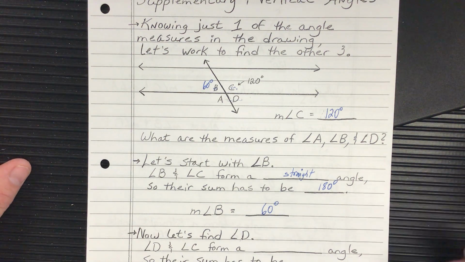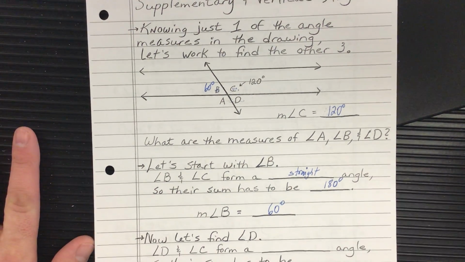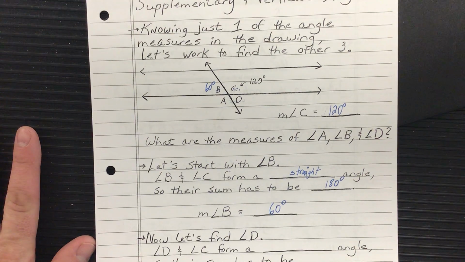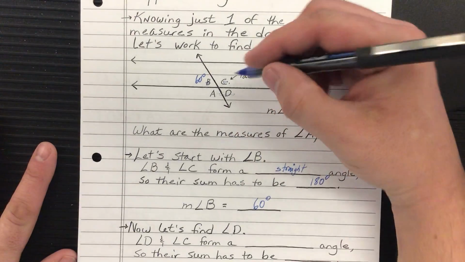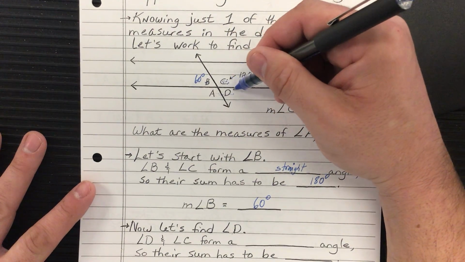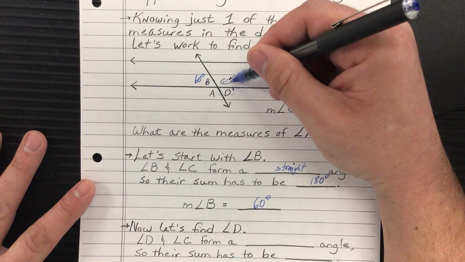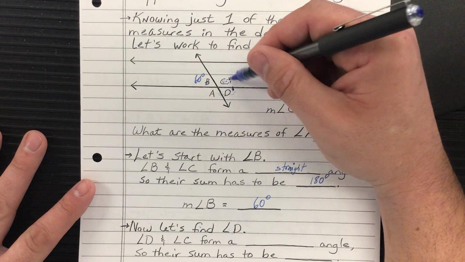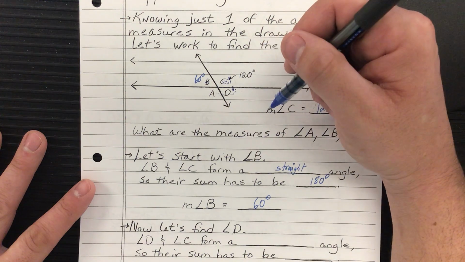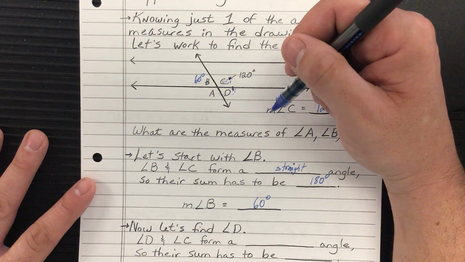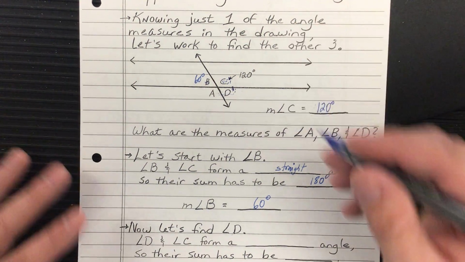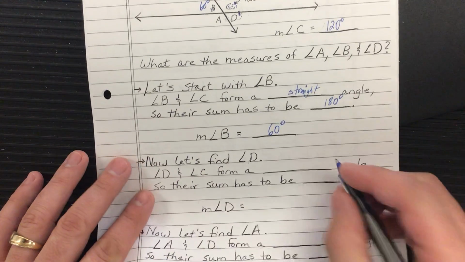Okay, then it says, let's find D. Angle C and D form a special angle called a straight angle. Yes, it's the same exact thing.